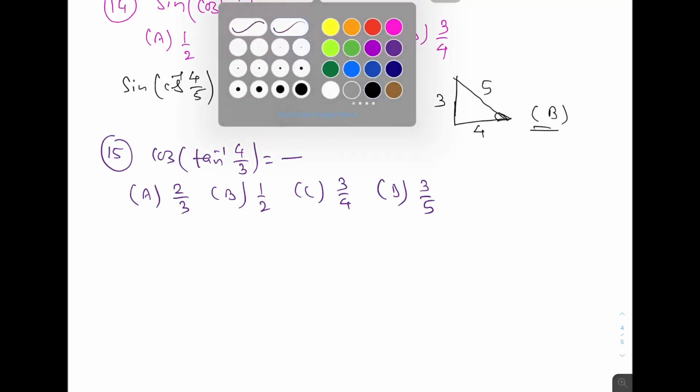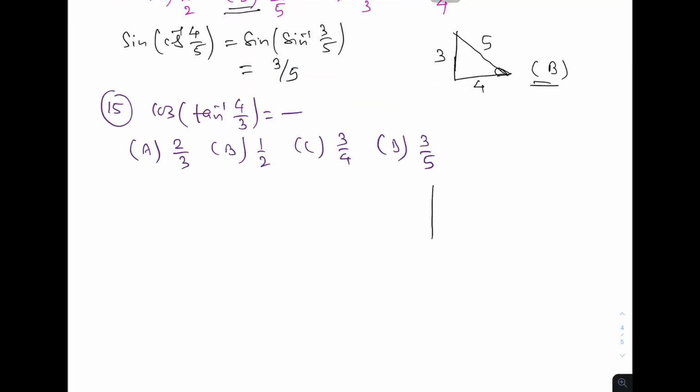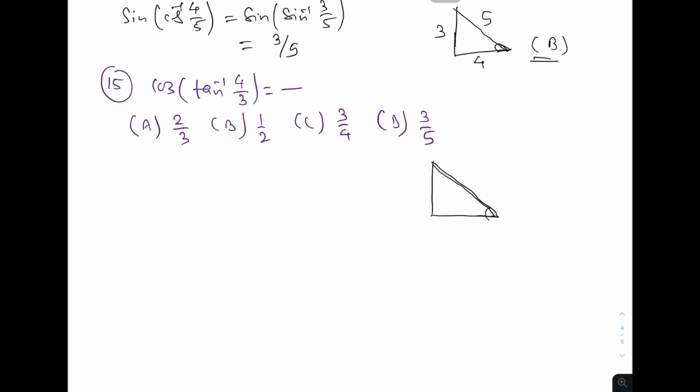So here also in a similar way, you can have the right angle triangle, and this is the tan inverse angle. So this is 4, 3, and so this is 5, Pythagorean triplet. So cosine of tan inverse 4 by 3 is cosine of cosine inverse 3 by 5, and so the answer is 3 by 5.